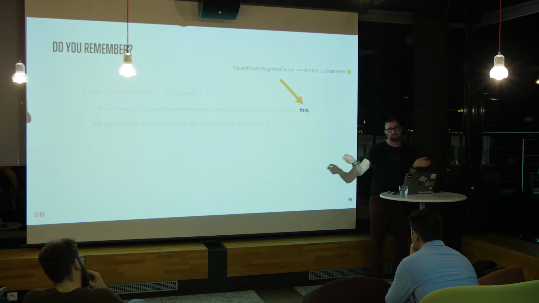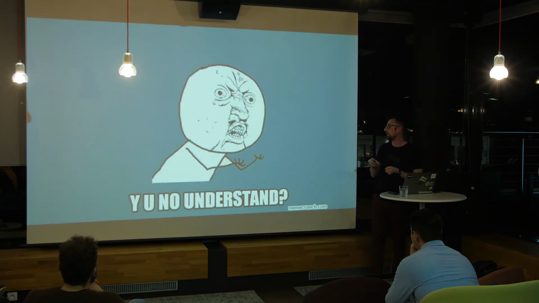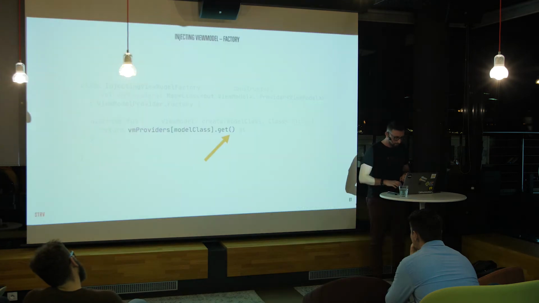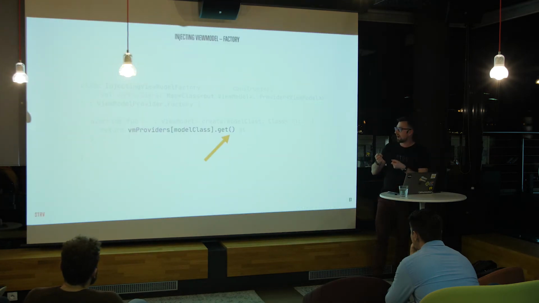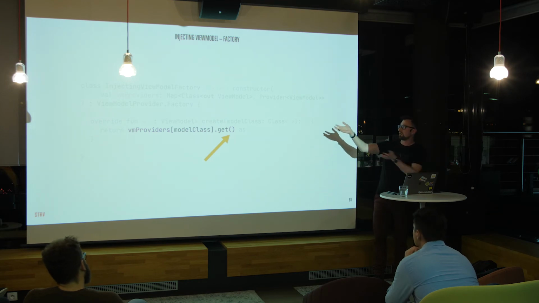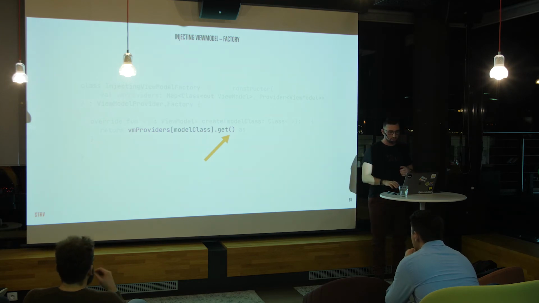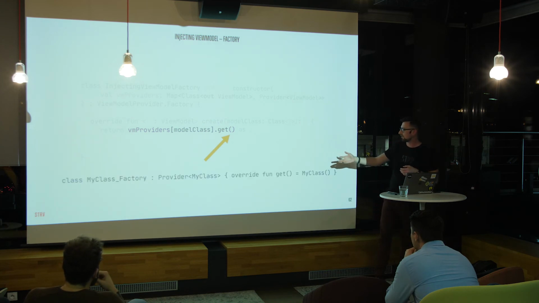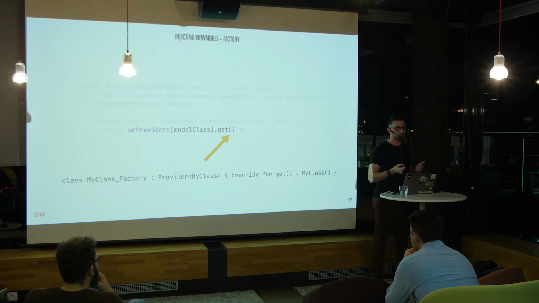So Dagger generates everything, but it doesn't understand dynamic things. If you tried to put something dynamically, that's the problem, because the get method doesn't have any parameter, and you have just the structure, so there's no place where you could put that dynamic parameter.